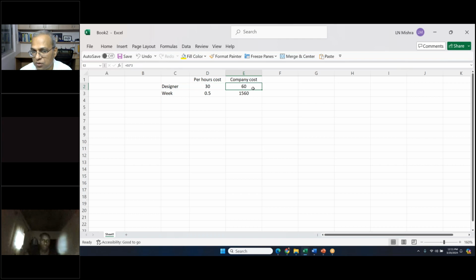And the company cost is going to be typically double of what you pay that person, because a cost always has a direct component and an indirect component as well. As a business analyst, you need to become a little bit of a cost accountant as well.